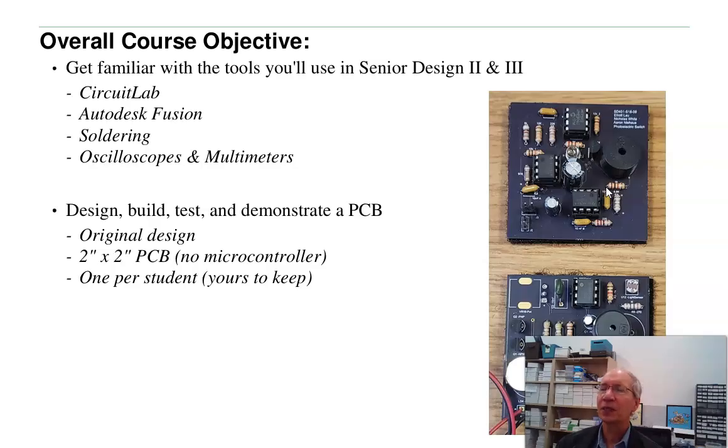It's going to be a custom PCB that you designed for a specific purpose like a stoplight, so we'll talk about that a little bit later. And there'll be one PCB per student. Each student should have your own working PCB. It's kind of a keepsake you can use. Also make sure that everybody is going through these steps. Nobody's just letting the lab partner carry them.